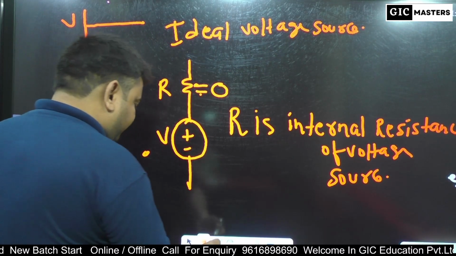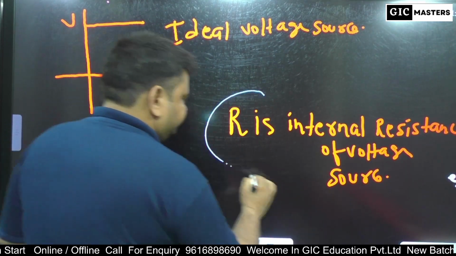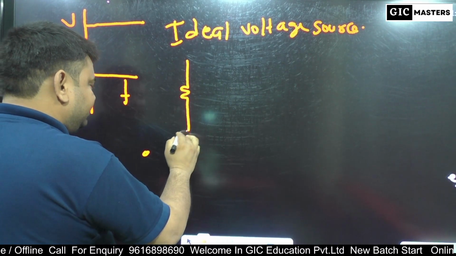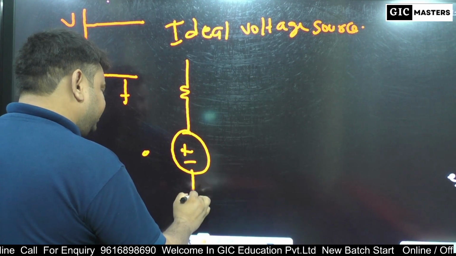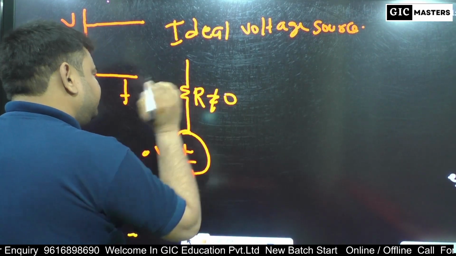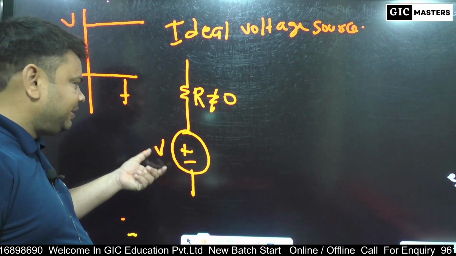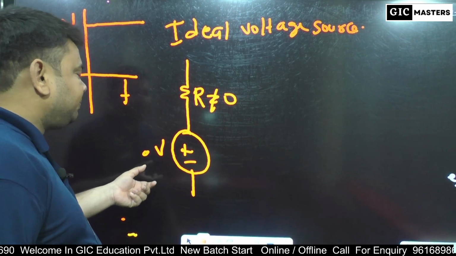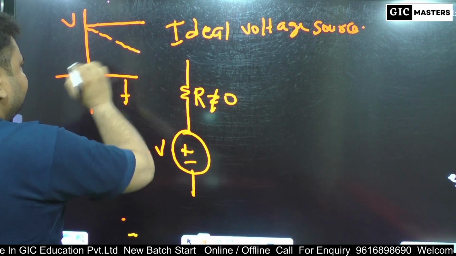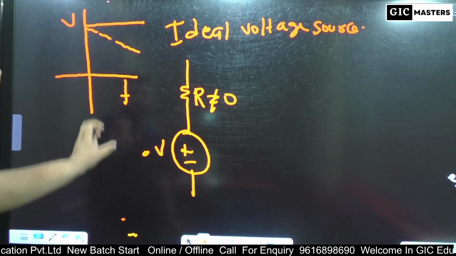But in case of a practical source, this internal resistance is present with this voltage source. These are not equal to 0. When internal resistance is not equal to 0, in case of a practical source, then there is a drop observed in voltage with time.